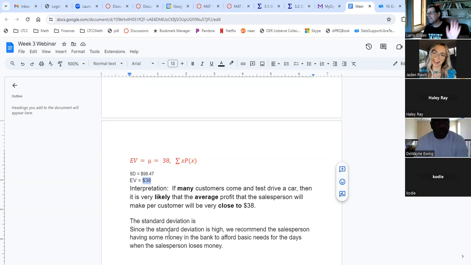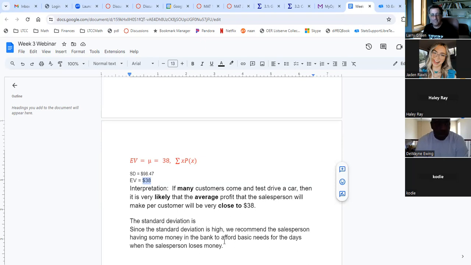So you're going to have big changes from customer to customer. So there'll be times that you're actually losing money. So when you see a standard deviation that high, then we're going to recommend that that salesperson better have money in the bank. But if the salesperson needs to go to the grocery store and get food, but all of a sudden the salesperson didn't make any money that day, then that's bad.